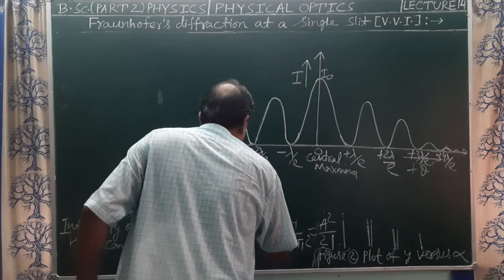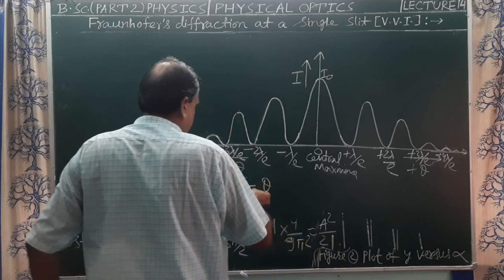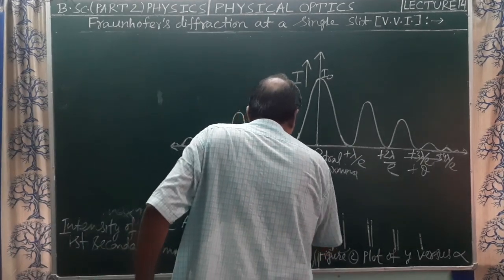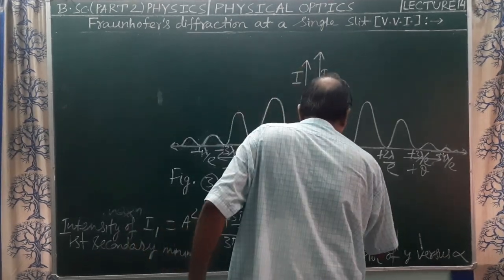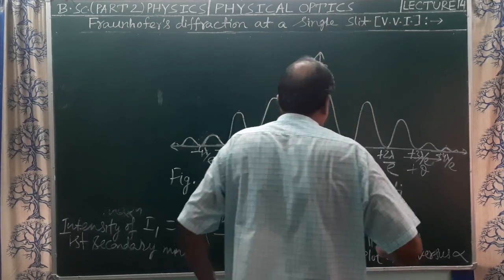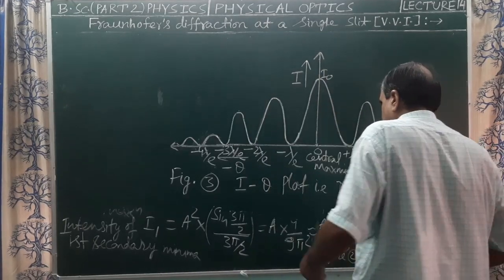This is I theta plot, intensity of light and angle of, that is direction, angle of diffraction plot. I theta plot means it represents the diffraction pattern, the variation of intensity of light with the direction of maxima and minima or with the diffraction angle.